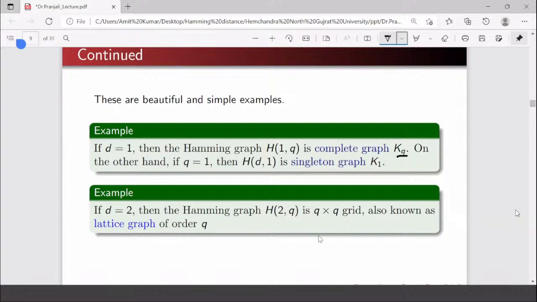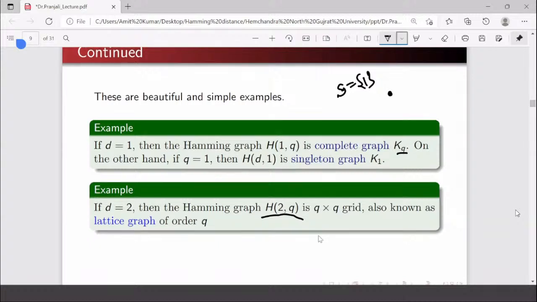On the other hand, if you set Q equal to 1, then it's a single vertex because you have taken the elements from only the set which has cardinality 1. So it will be K1 only. Similarly, if we change D equal to 2, then the Hamming graph H(2,Q) in general is the Q cross Q grid. In fact, it is also known as the lattice graph of order Q.